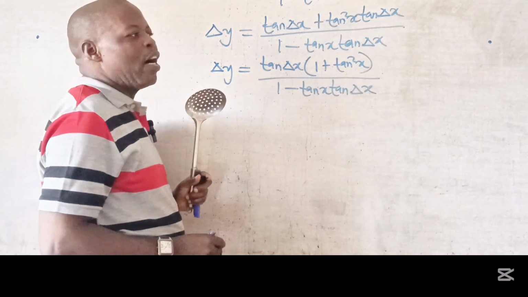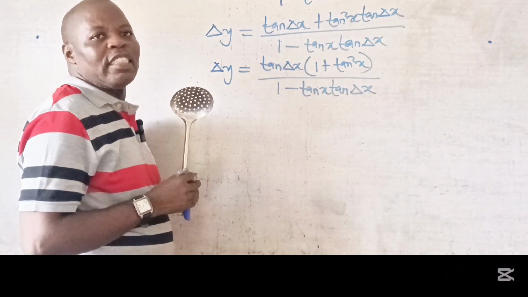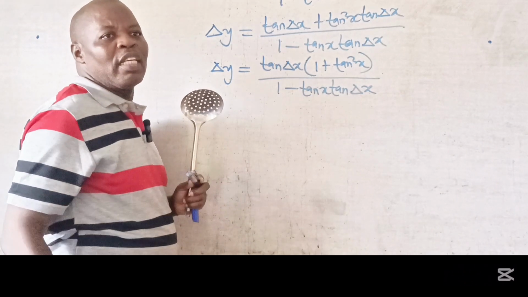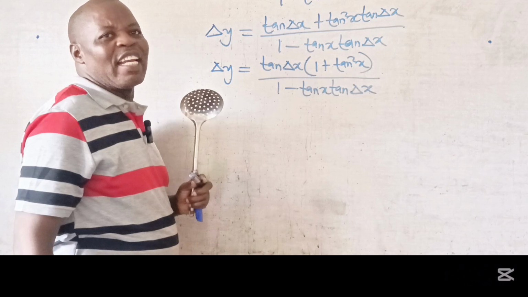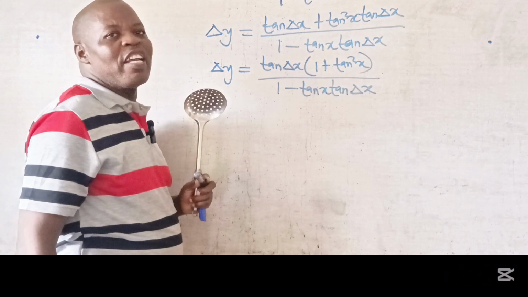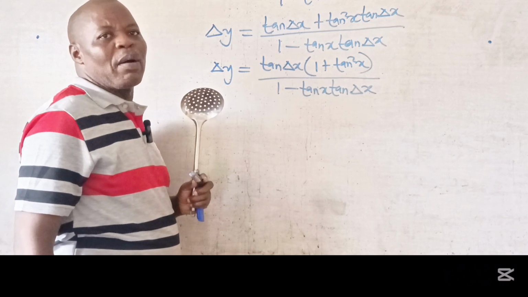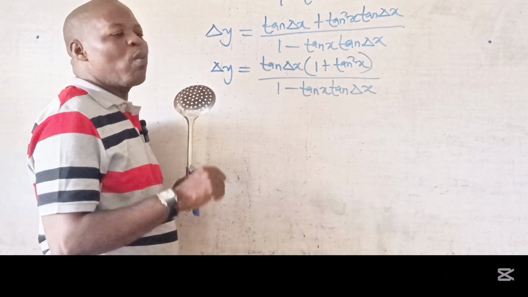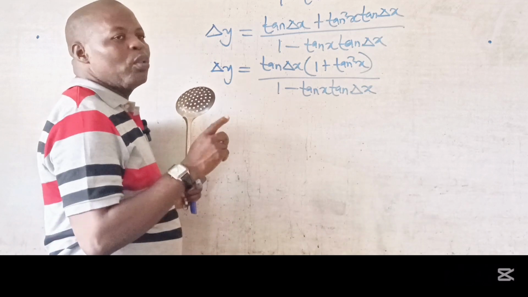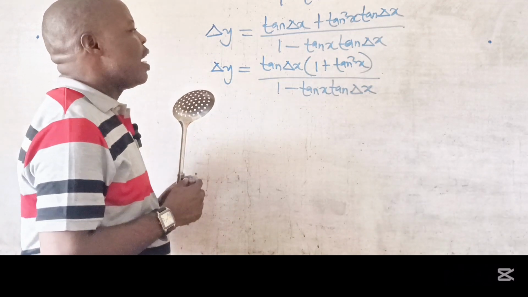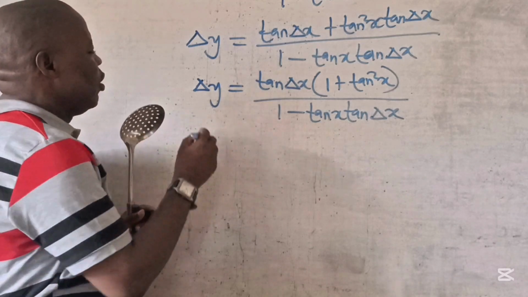Now we need to introduce our change in x, because what we are working towards is finding the derivative of tan x using first principle. So for us to get our dy dx, that is differentiation of y with respect to x, we need to divide both sides by change in x.